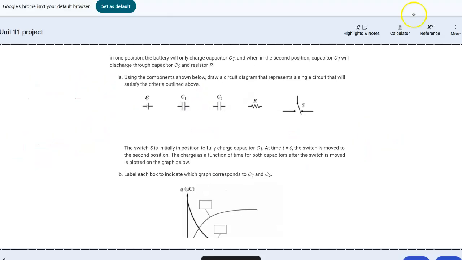for problem A. So we are going to draw this battery, and then it's going to go into our switch.